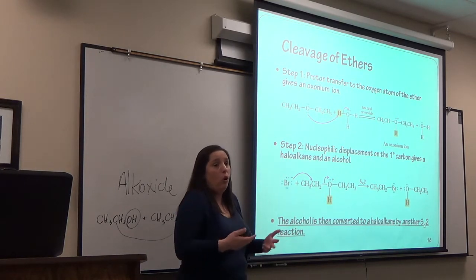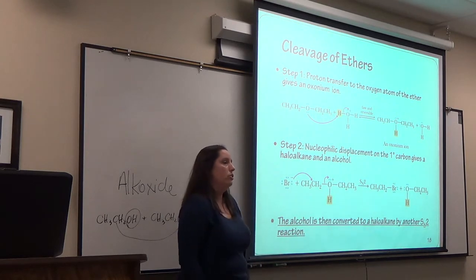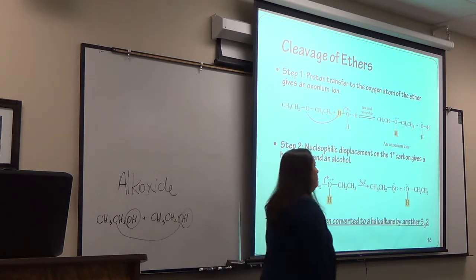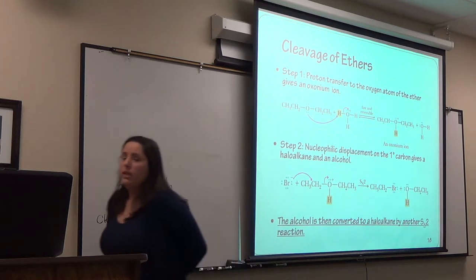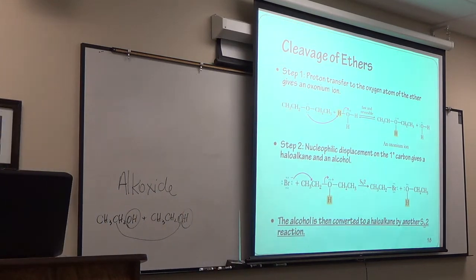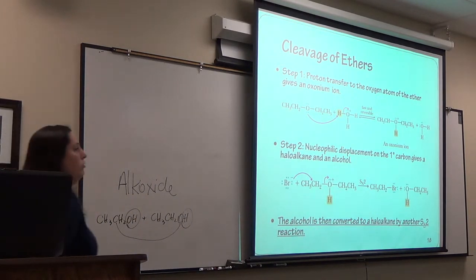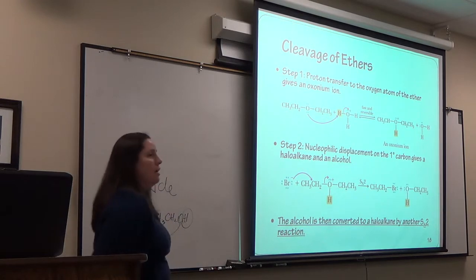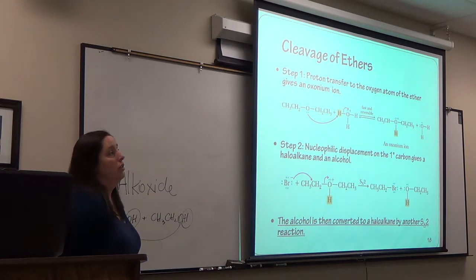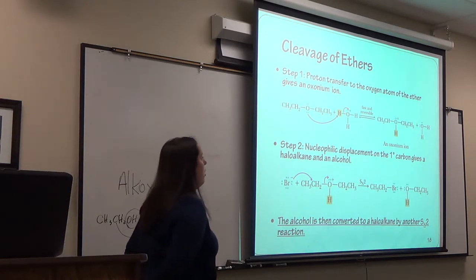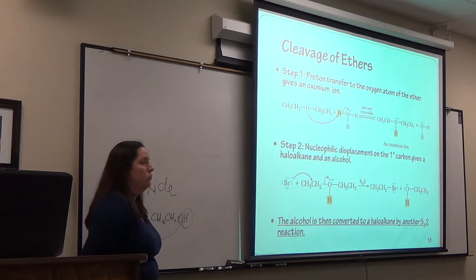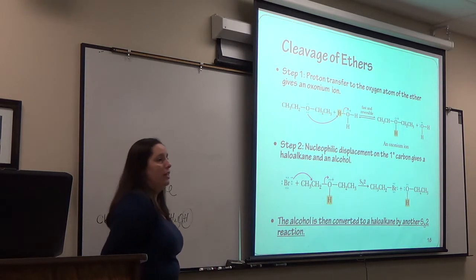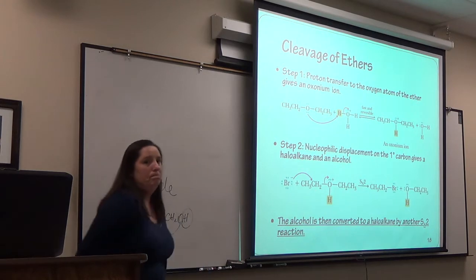But if you had more, then it would react as much as you have. In this case, we're using the halide as our limiting reagent, 1 mole versus 2 moles. Does that make sense? So the cleavage of an ether: we can make an alcohol that way plus a halide with 1 mole, or 2 halides with 2 moles.